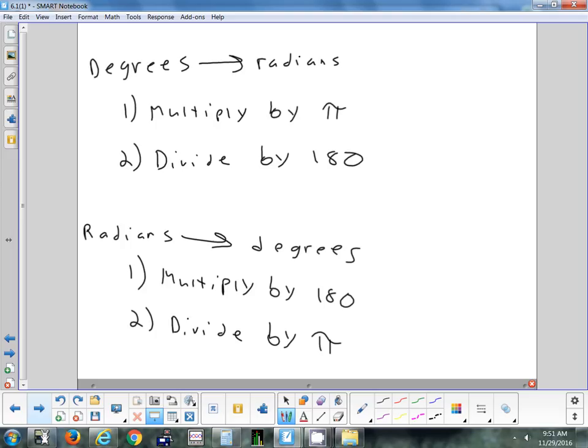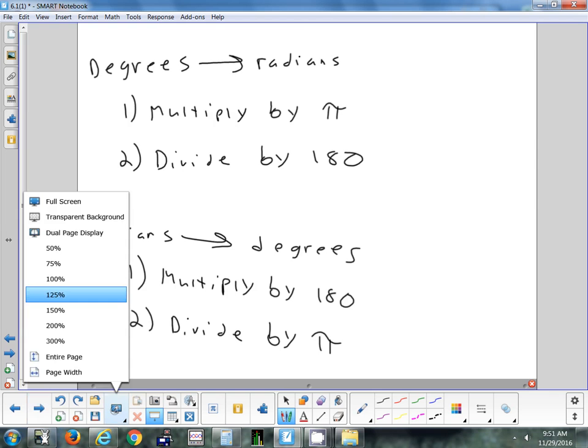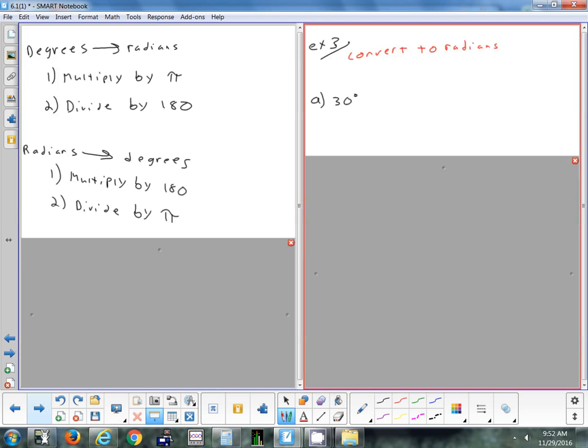If you want to change from degrees to radians, you multiply by pi and you divide by 180. While you're copying it, I'll show you an example. If I want to convert from degrees to radians, I'm going to multiply by pi, and divide by 180.